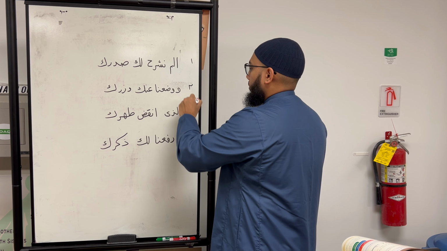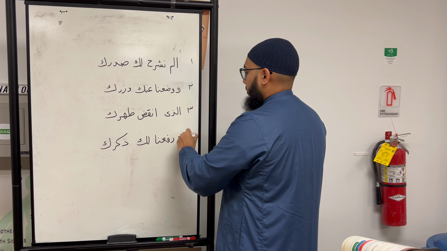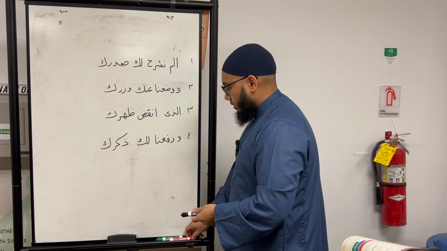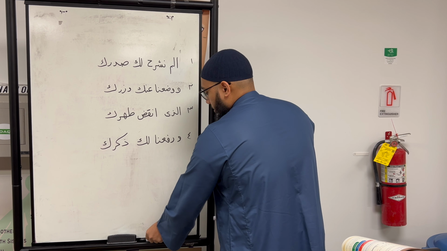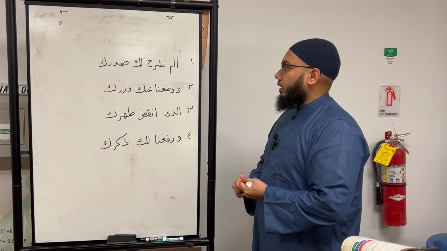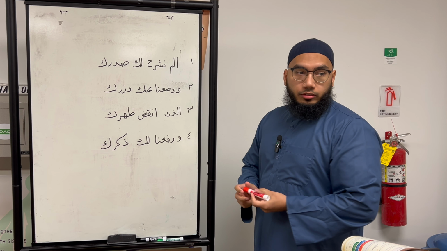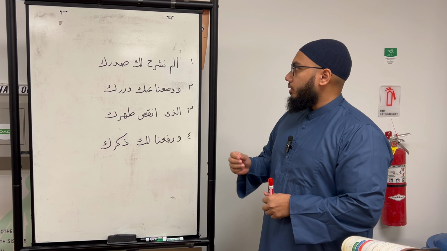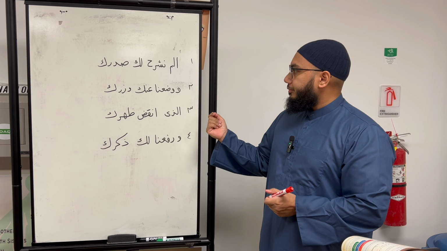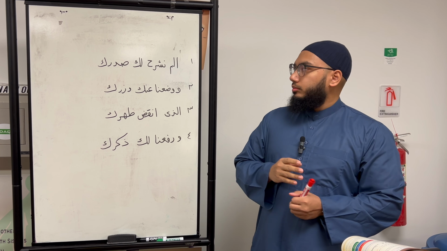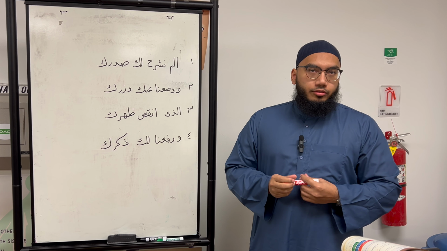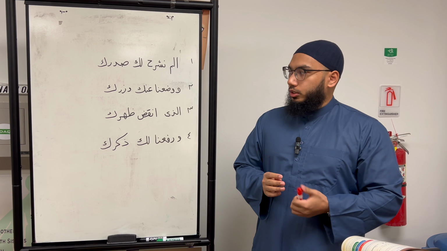1, 2, 3, 4. Now, the thing that we mentioned before the end of last class is that every letter that has a haraka, you give it the same amount of time. You read each haraka with the same duration of time. So if you have fataha, fataha, neither letter is going to have a longer duration of pronunciation than the other.